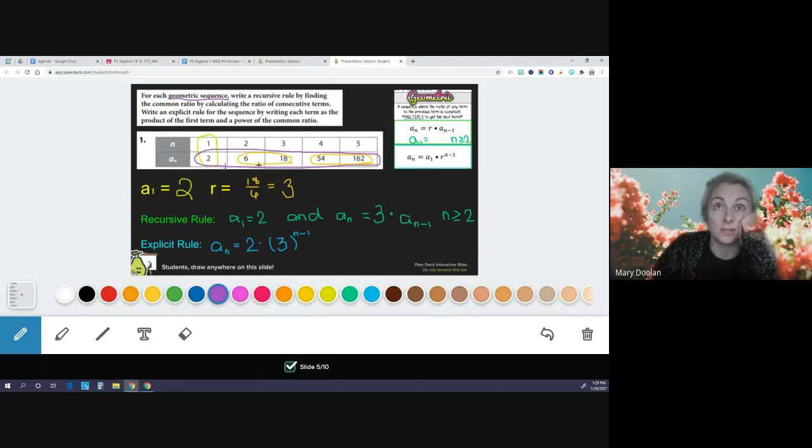It's these numbers in this order. These numbers are getting bigger as we go to the right. They're increasing. This is an increasing sequence. We're going to see what happens when it's a decreasing sequence. This is an increasing sequence, and our common ratio was 3. It was larger than 1. So when your common ratio is larger than 1, you have an increasing sequence.